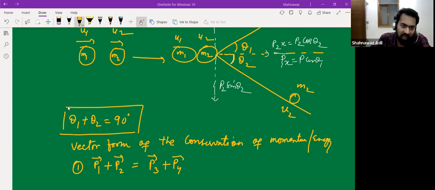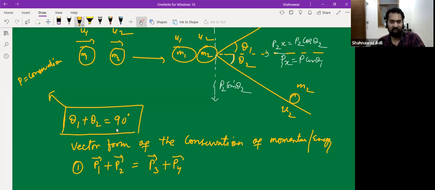Right. So when you use the momentum conservation, you're asking what will happen if your theta 1 plus theta 2... So if in your question they say that theta 1 plus theta 2 is 90 degrees, you can directly say that the collision is elastic. Yes.